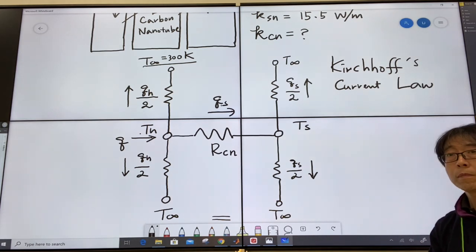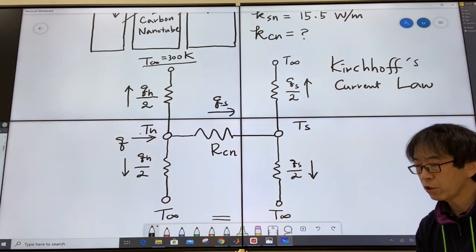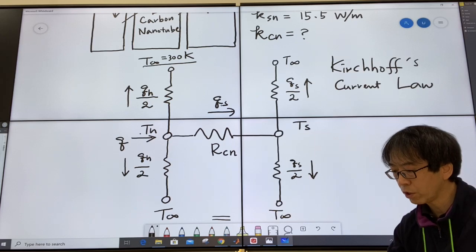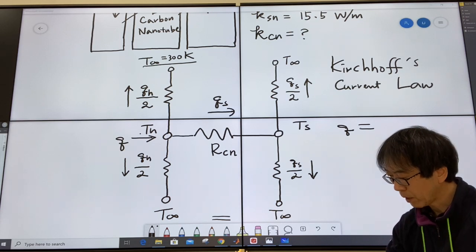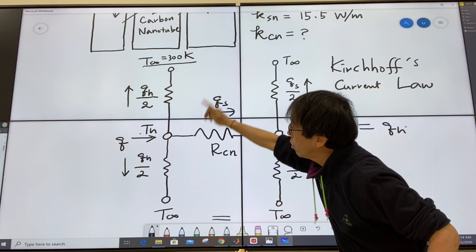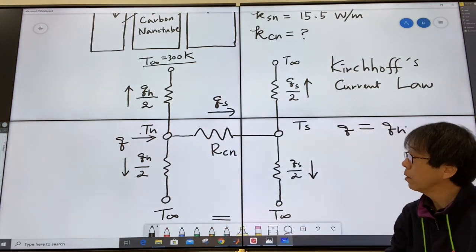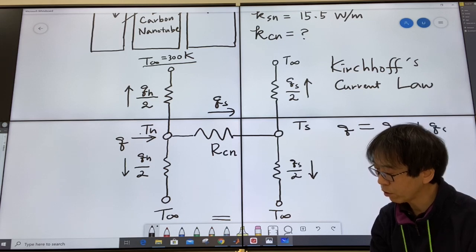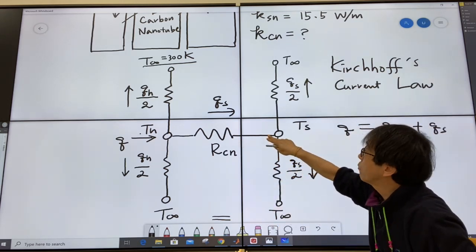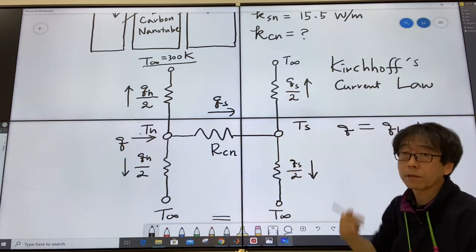So you can set up an equation right away that explains the whole situation. Q generated will be used by the heated area as QH. Half will go up, the other half will come down, but the other one will be QS. And QS will actually flow up and down like this.